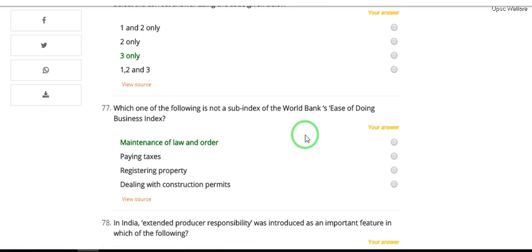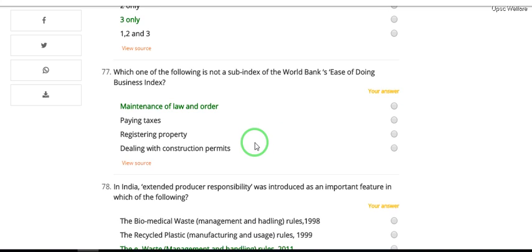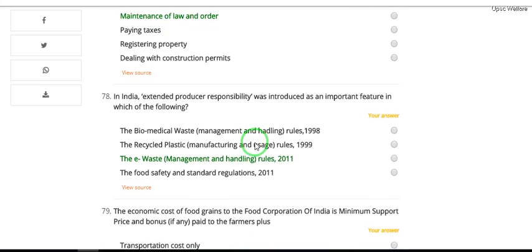Question 77 C: here it is asking which is not a sub index of the World Bank's Ease of Doing Business index. So maintenance of law and order, of course, because paying taxes is coming, and registering property is also coming, and dealing with construction permits is also coming under the sub indices of the World Bank Ease of Doing Business index.